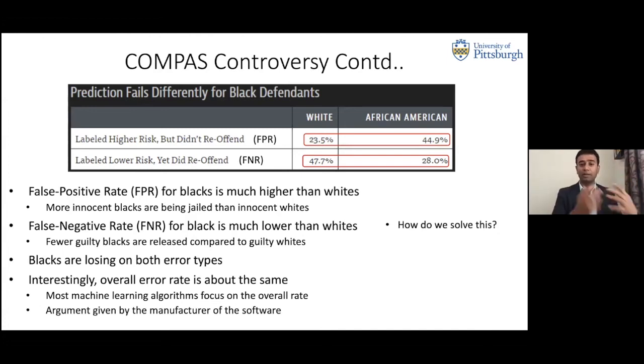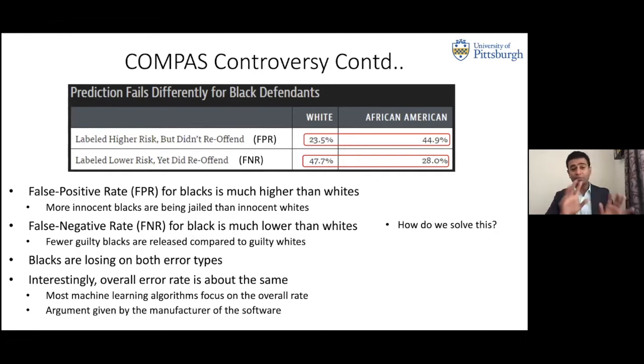I will be letting go a lot of people who actually had very high probability of reoffending, but I did not classify them as reoffenders. Like for example, a 95% probability person, I will classify them as not a reoffender. So my false negative rate will go up. But the point that I'm trying to make here is that by choosing these cutoffs, you can choose the false positive rate.